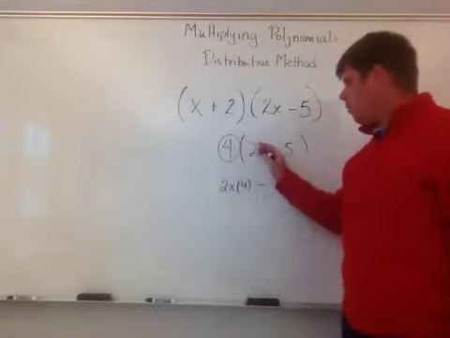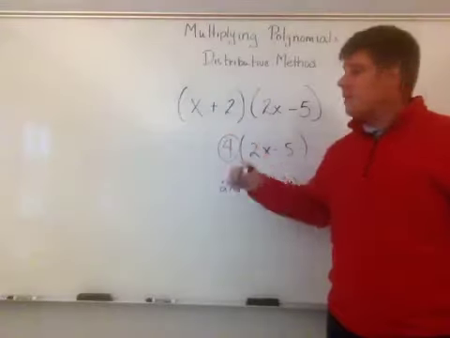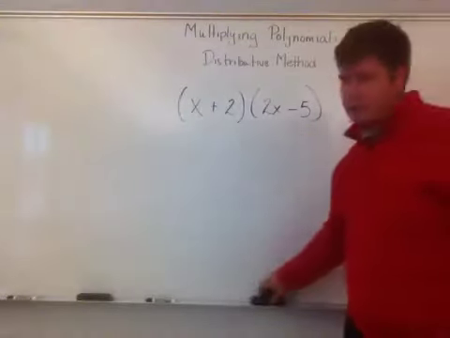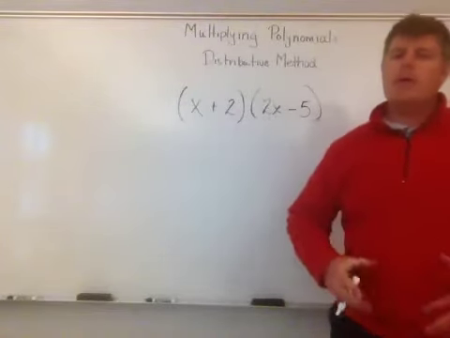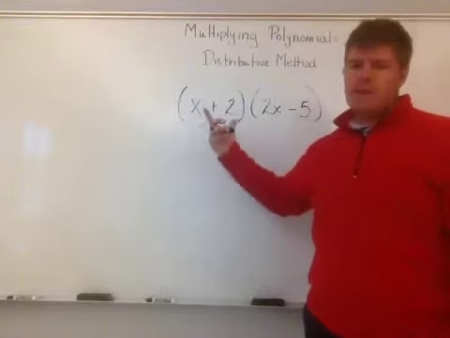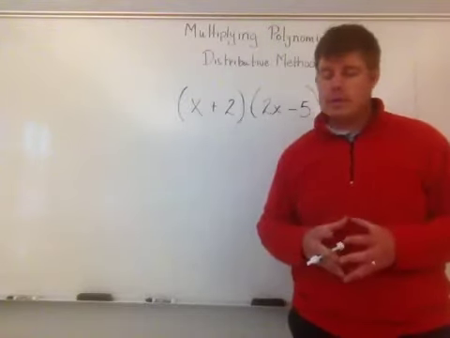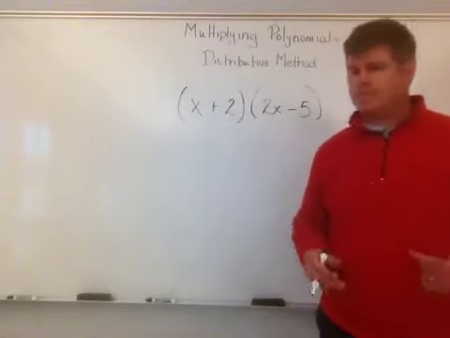So I'm just saying 4 multiplies each term on the inside. That's the idea we're going to apply to this x plus 2. Granted, it says x plus 2, and it looks like you should just multiply the x's together and the 2's together. But the important thing is that x plus 2 is a quantity that is put together for a reason, and it can't be separated for this particular problem.